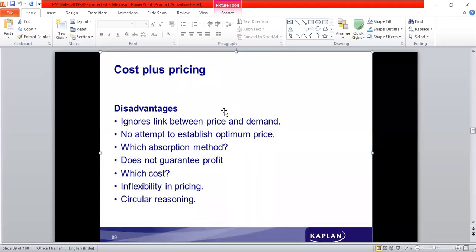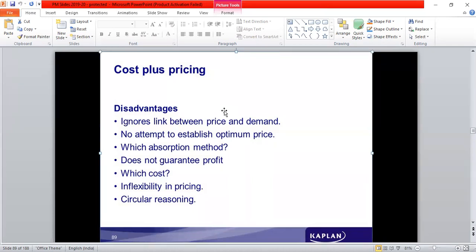Which absorption method? There are two methods. One is the absorption costing method, and another one is the marginal costing method. Absorption costing and marginal costing are different in terms of how the ending inventory is valued.